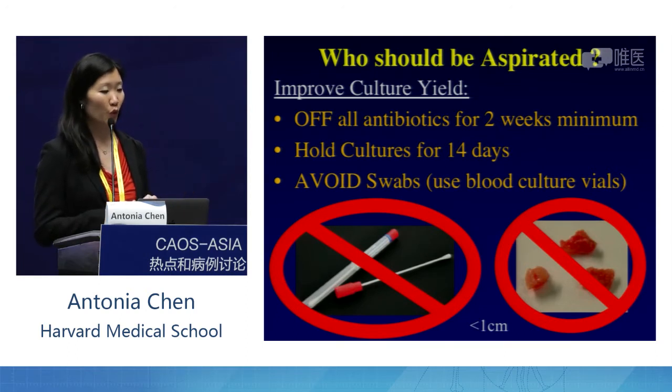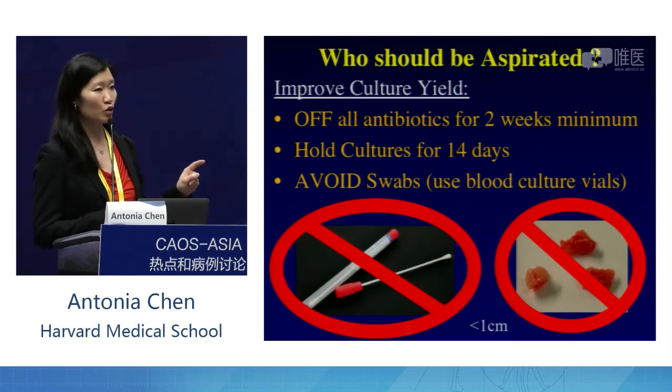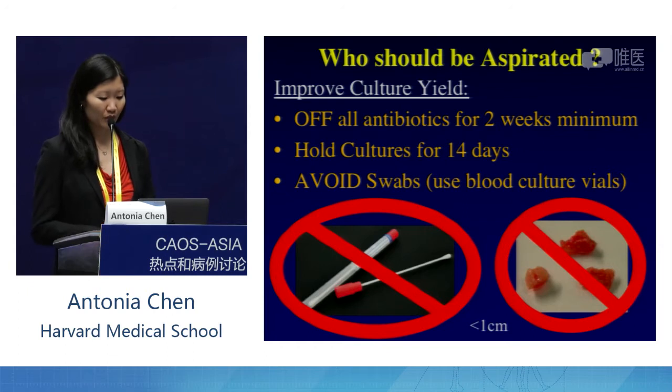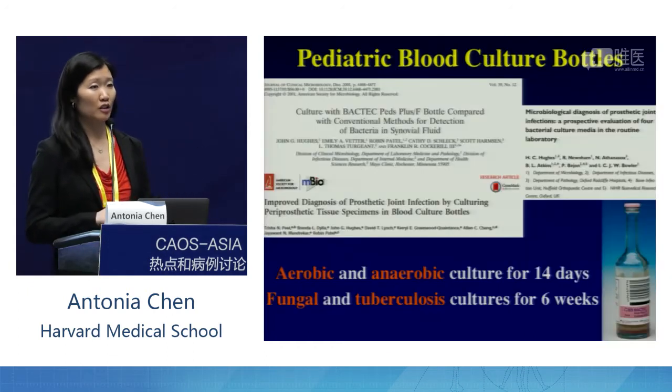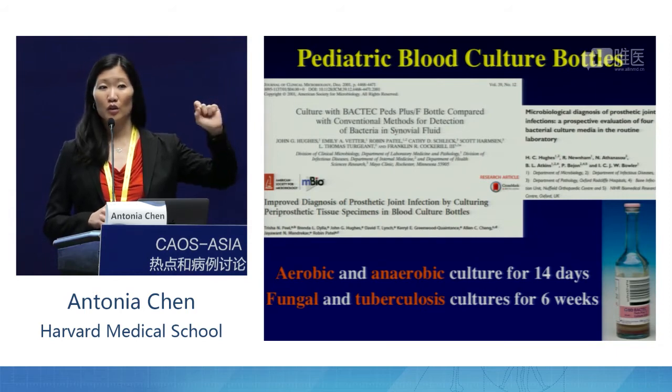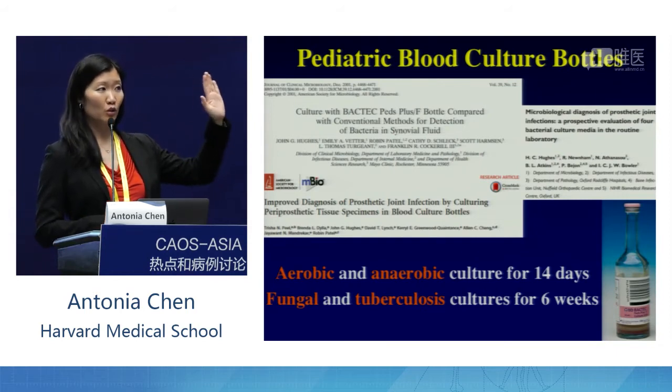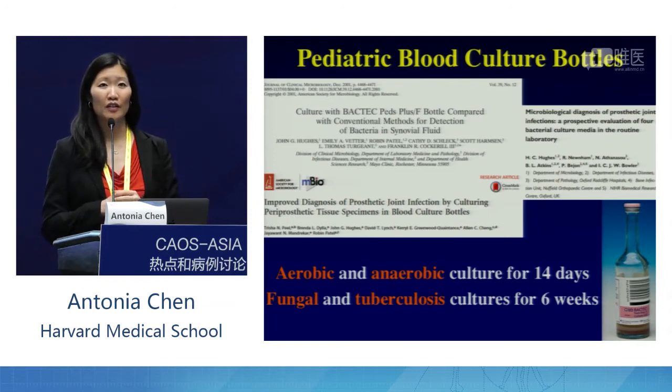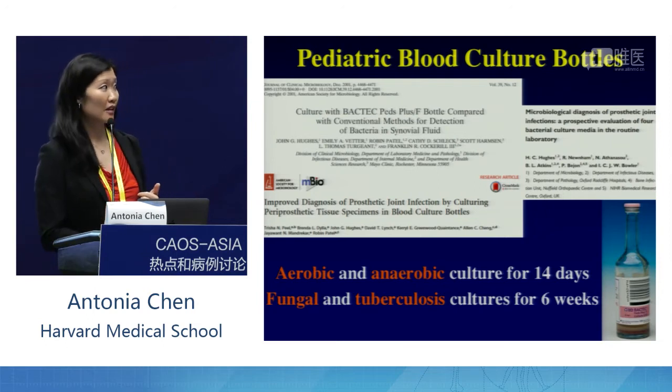Hold cultures for 14 days and don't use swabs, use tissues. If you do get cultures, don't just put it in a tube and send it down. What you want to do is get the blood culture tubes and fill them because it improves the sensitivity of diagnosis.